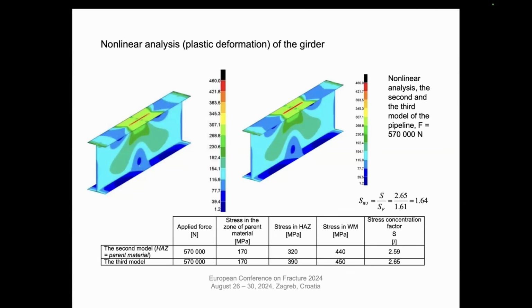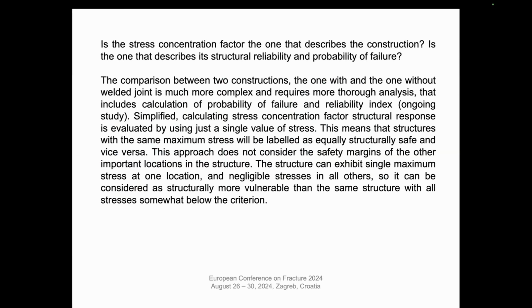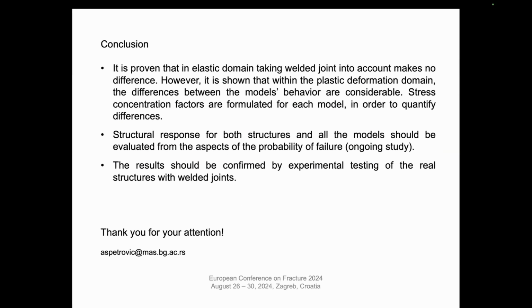The next step is to perform reliability analysis of this structure. And of course, all those results should be confirmed by experimental testing of real structures with welded joints. Those are simple structures, and those experiments could be performed easily.